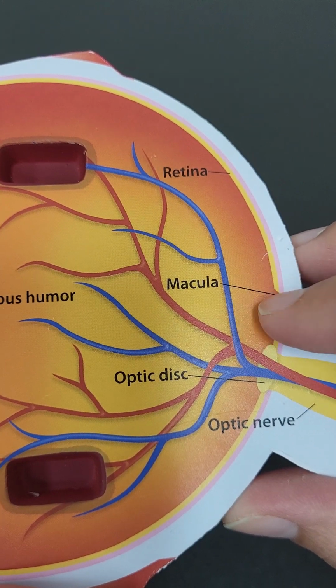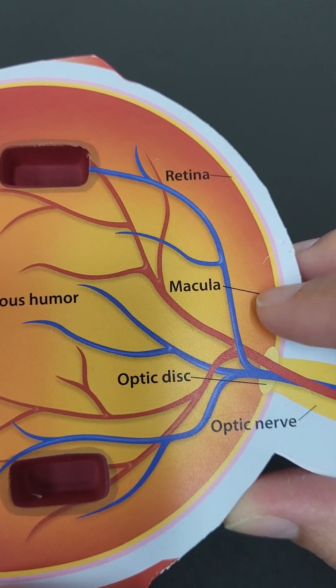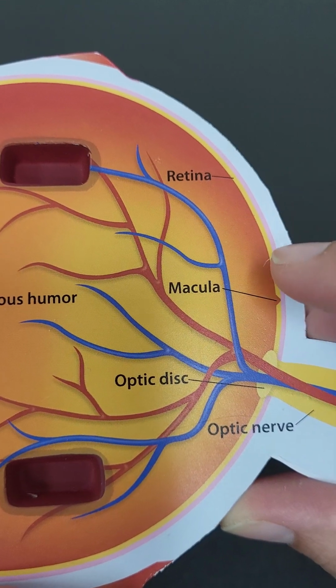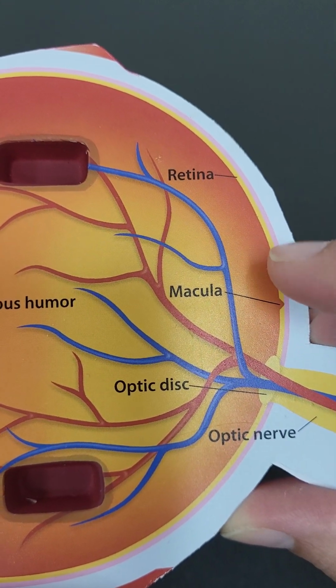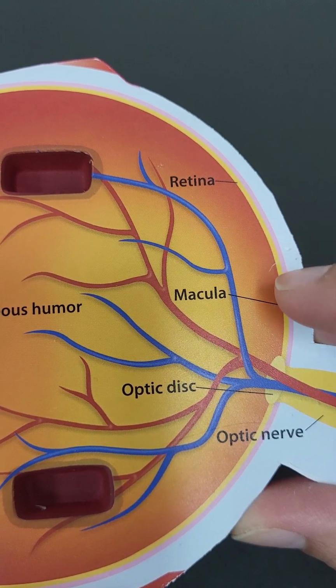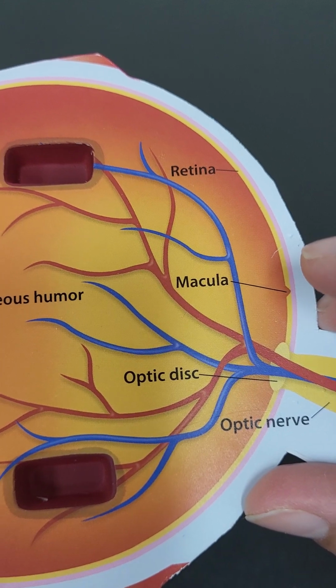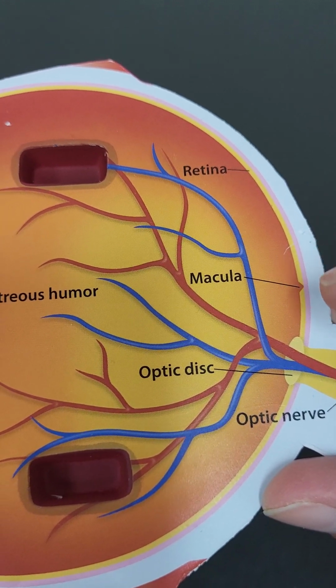But here at the macula, that's where all the finer detailed central vision comes in. If you've heard of macular degeneration, it's the degeneration of the photoreceptors here at the macula, which makes it hard for you to see stuff in the center of your vision.